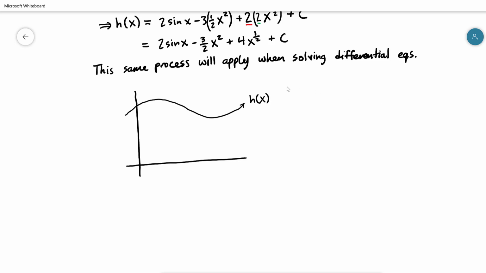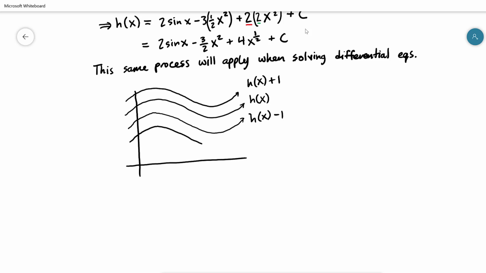But because it has this generic plus c here, this function right here also works. Here's some h of x, maybe minus a 1. And maybe up here, here's an h of x plus 1. And maybe down here, here's an h of x minus 2, or minus some other constant.